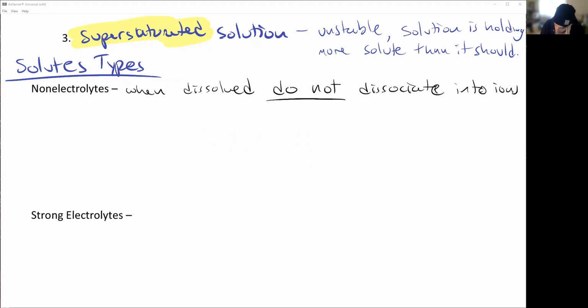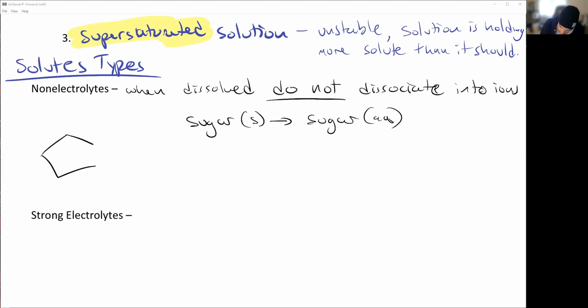If you take a look at a sugar molecule, we know that sugar, solid, we drop it in some water and it turns into sugar aqueous because it has dissolved. The typical sugar is usually 4 or 5 or 6 carbons.